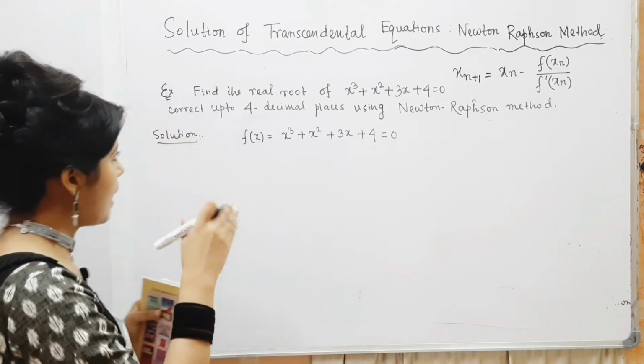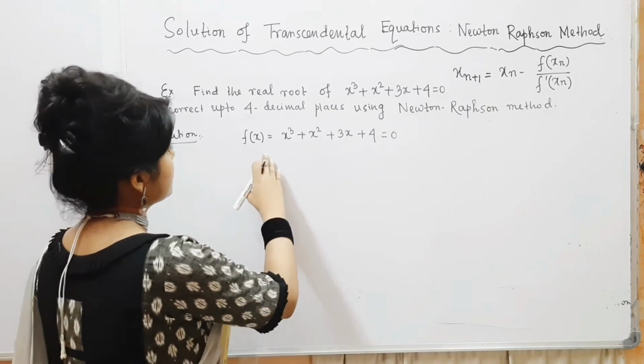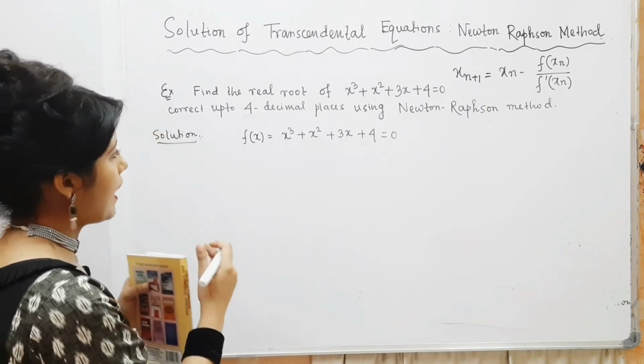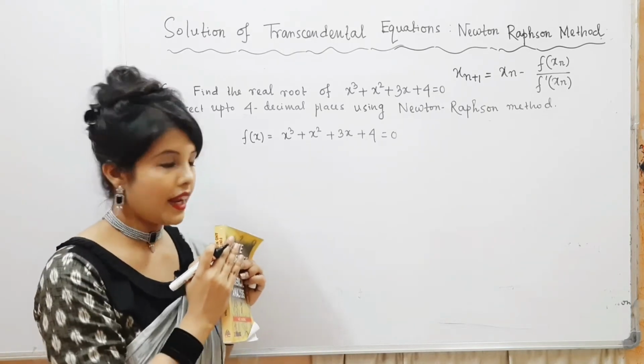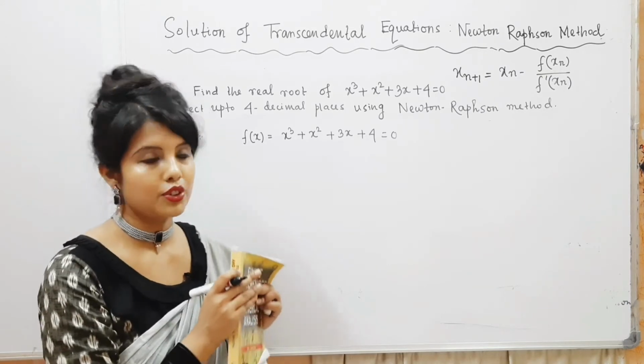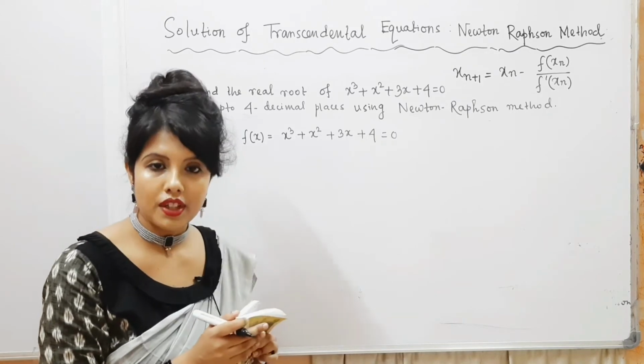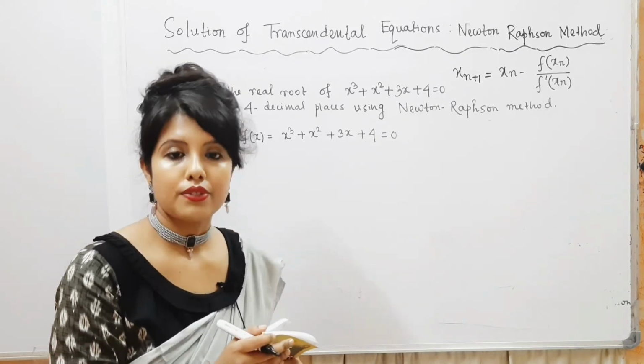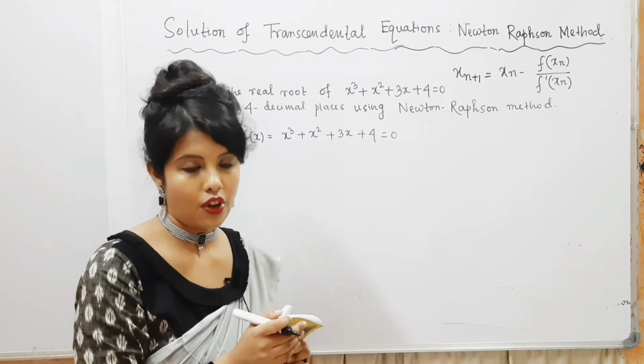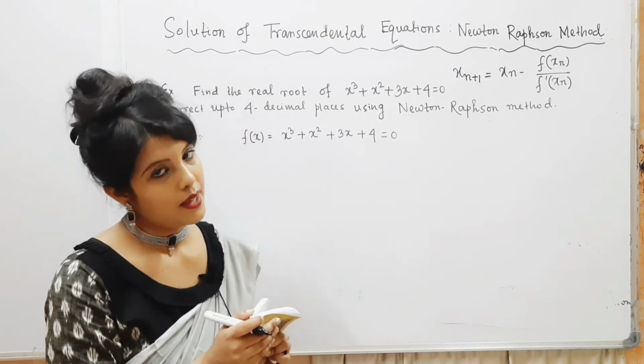Now what I am doing here, first of all I have to ensure what kind of root is existing here. Is it a positive real root or a negative real root? For which Descartes rule of sign is a very important method.